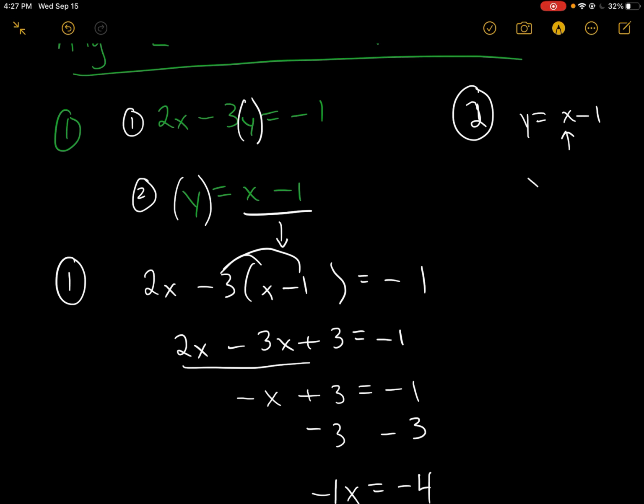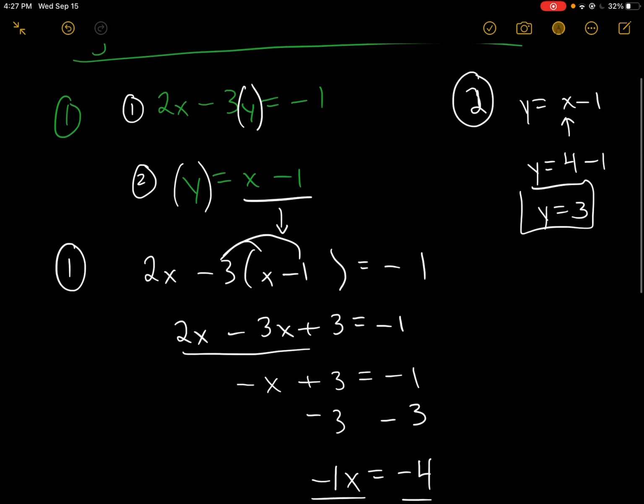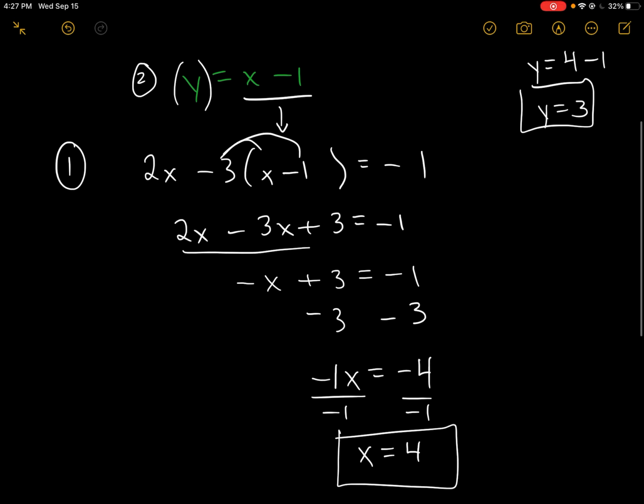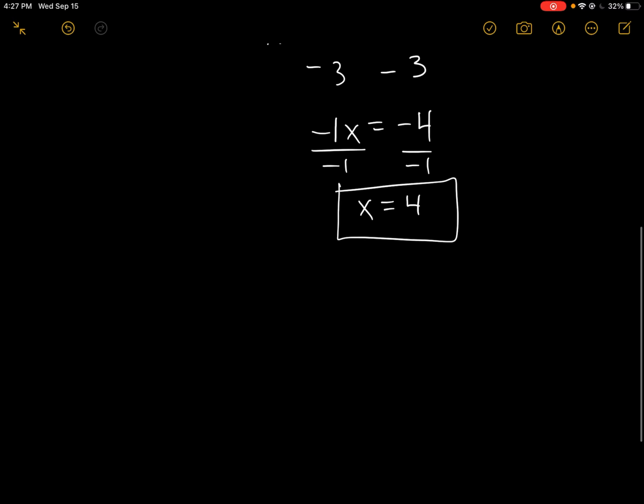We just solved for it. So we can plug that in. 4 minus 1 in this case, or y equals positive 3. So that will be our full answer, x equals 4 and y equals 3. You could also write it as an ordered pair, (4, 3). So that's our first example question. That's how we go through a classic substitution example.